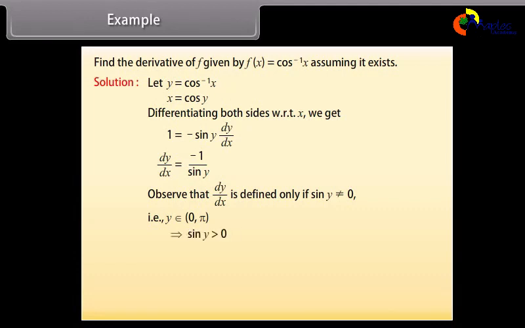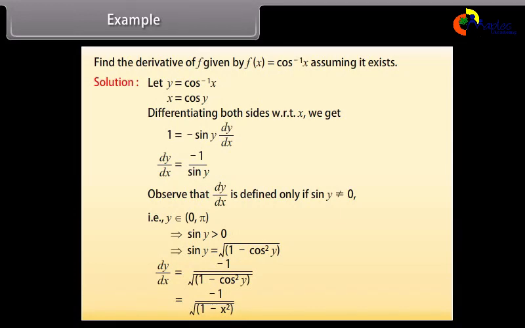It implies sin y greater than 0. It implies sin y is equal to square root of 1 minus cos square y. dy by dx is equal to minus 1 by square root of 1 minus cos square y is equal to minus 1 by square root of 1 minus x square.